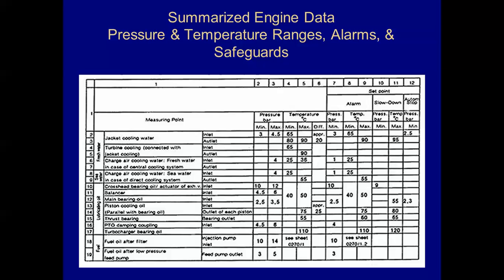The other one I typically talk to the students about is when you go down on watch, some quick indicators of whether the engine is running well. You look at your turbocharger speed, which is going to give you a good indication of engine load. Take a look at your exhaust temperatures, your scavenging air pressure, right?